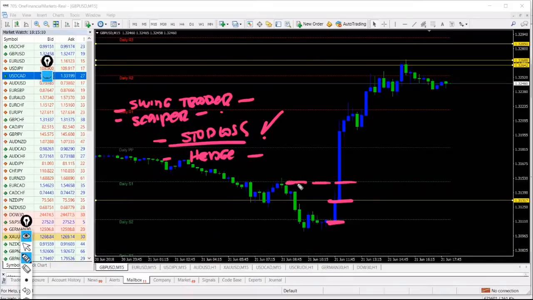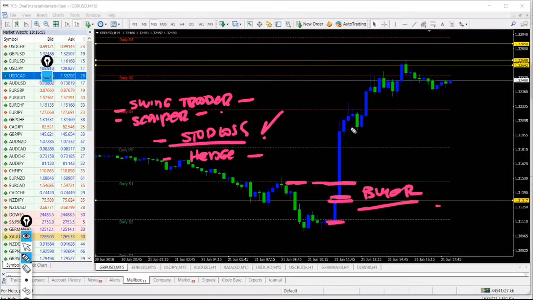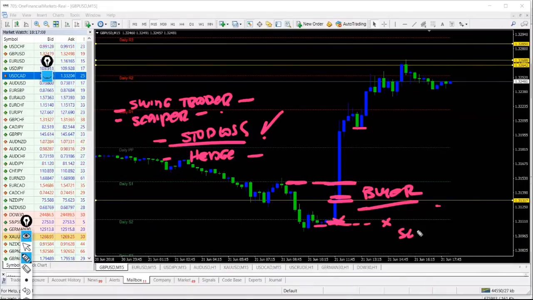So we had all buy prices here in the area. They were all buyers. But what if England decided to cut the interest rates? Well, then it was going to go back here to the lows and we're supposed to sell.